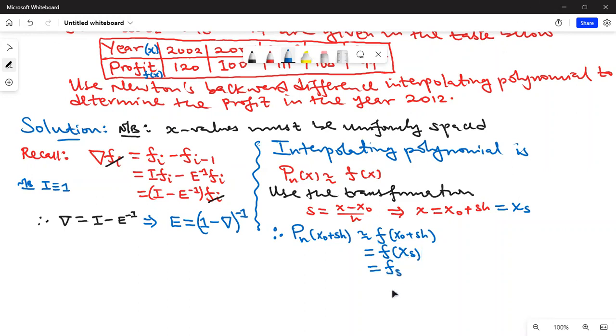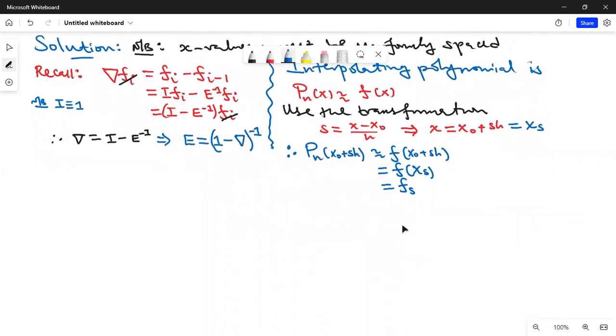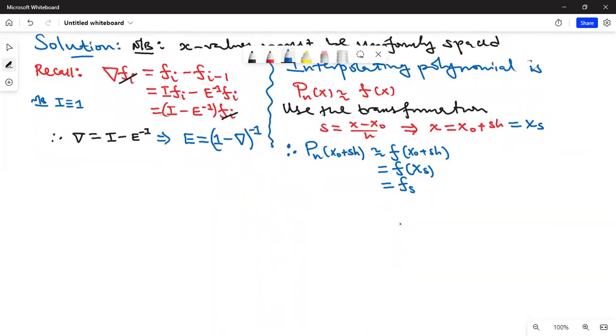So now let's express f subscript s in terms of the shift operator. But f s is equal to the shift raised to s operating on f naught. Our shift is the same as, we got it here, 1 minus del, the backward difference, raised to -1.